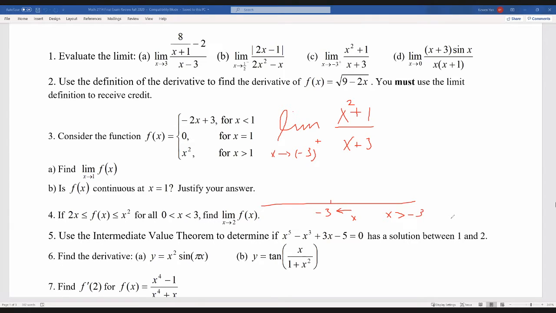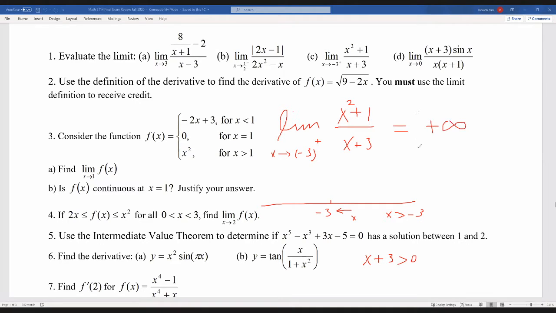So if you add 3, x plus 3 is positive. Right? So the denominator is positive, the numerator is positive, the answer is positive infinity, not negative infinity.